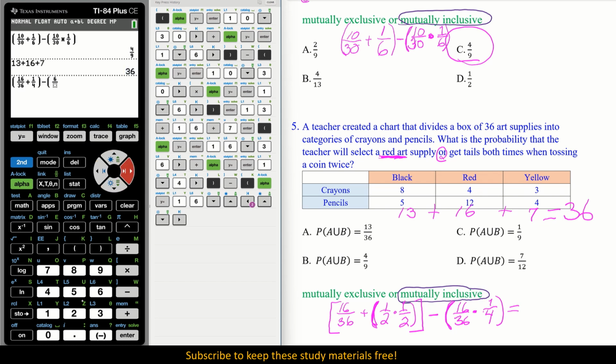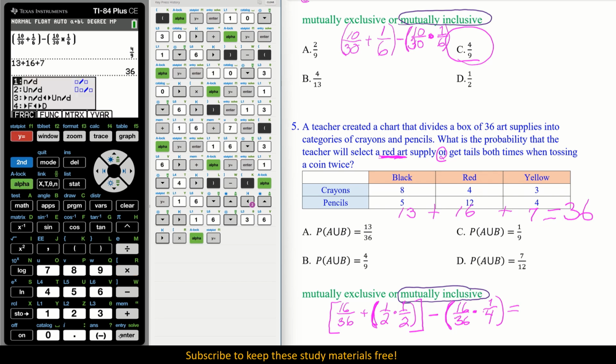Oh, went the wrong way. 16 over the 36. Now arrow over, and we're multiplying. That's something you have to remember, that we are subtracting the duplicate probability actually. Okay, so that's what we want. And 1 over the 4, arrow over, close the parentheses.